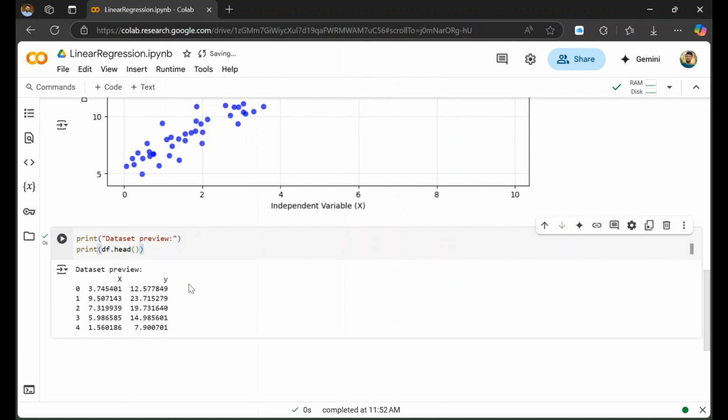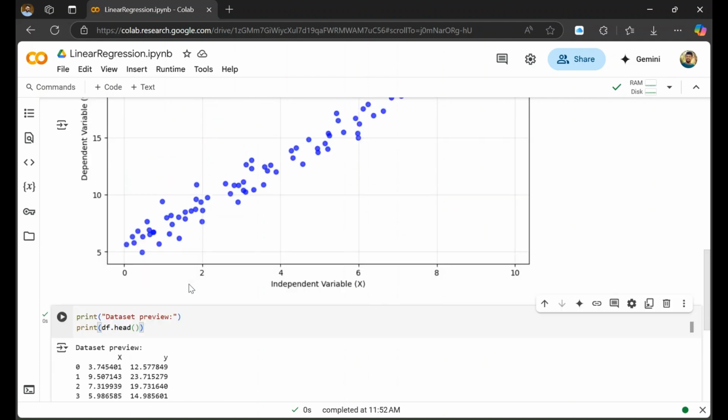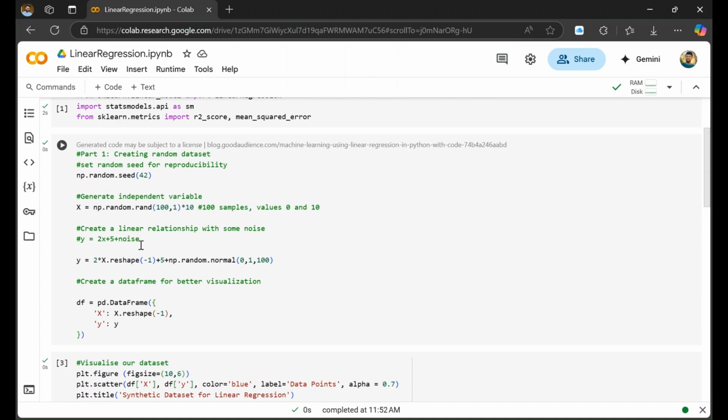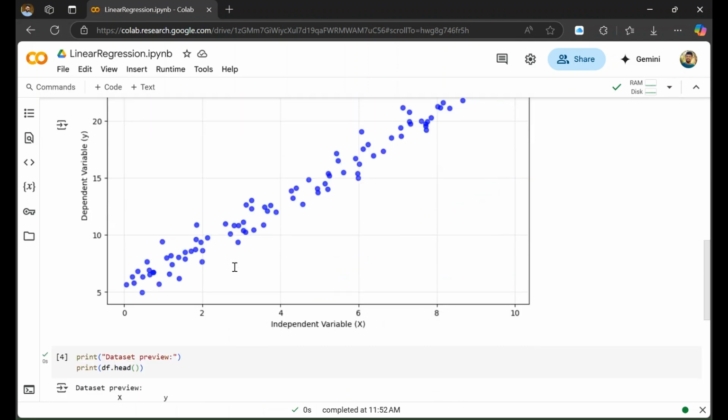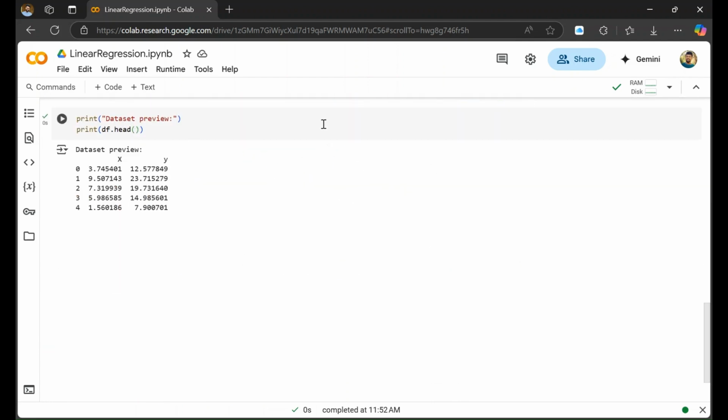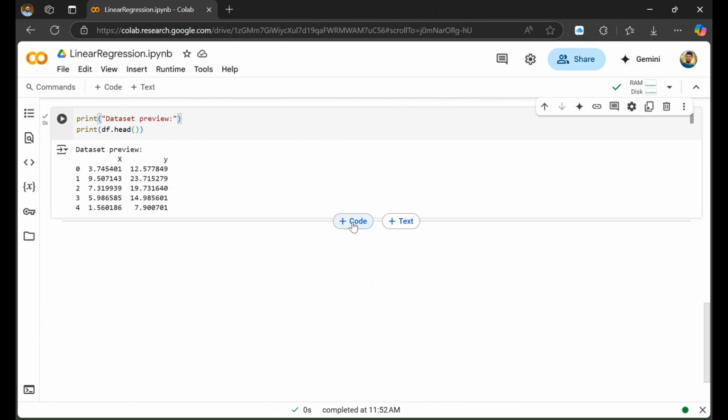So now we created a data set with 100 points, and the relationship follows the formula that we defined: y is equal to 2x plus 5 plus some random numbers. Now the true coefficient is 2, and the true intercept is 5. Let's see if our regression model can recover these values, that the model should give these values of coefficient and intercept.